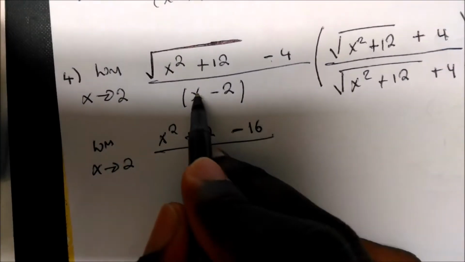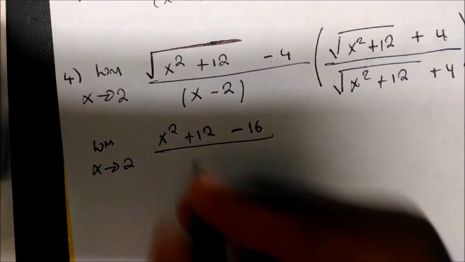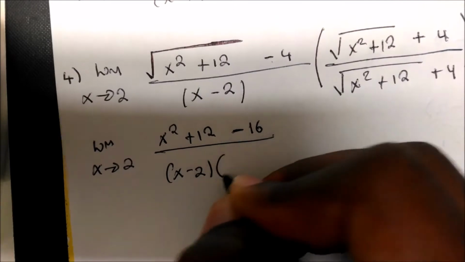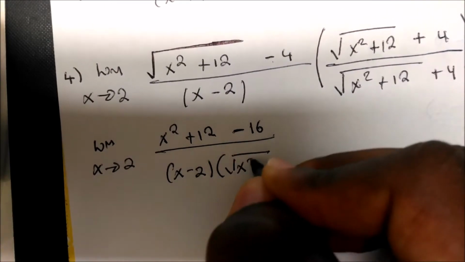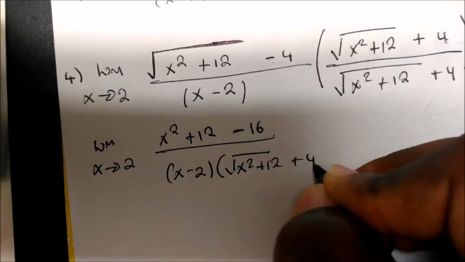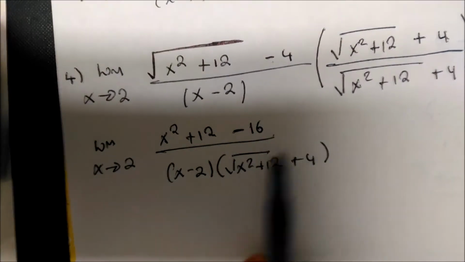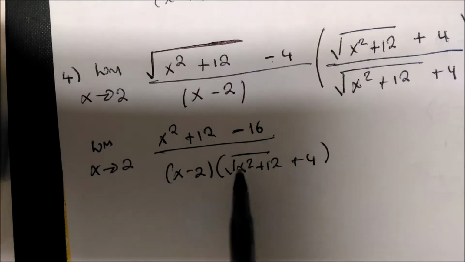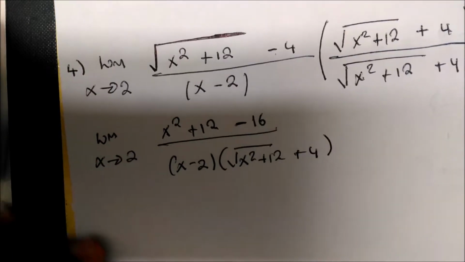So what do I mean? I'm not going to distribute this x minus 2 into here. I'm going to leave it as is. So x minus 2 times the square root of x squared plus 12 plus 4. And basically what this does is that it allows me to cancel something.